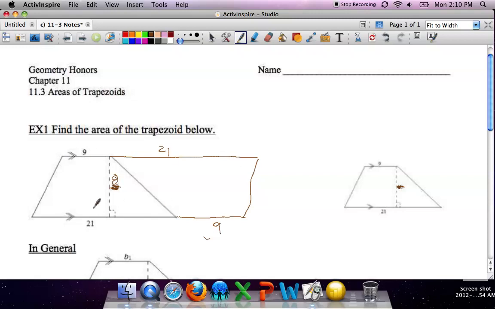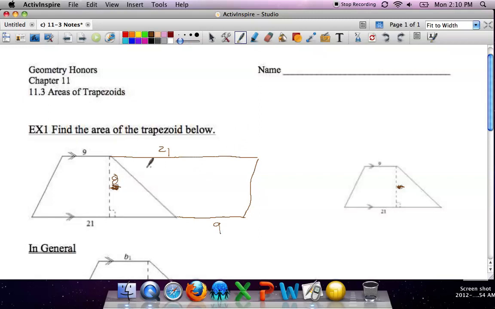So this would become a parallelogram that had a height of 8 units, and the base of the parallelogram would be what? 31 units. So the area of a parallelogram is base times height.